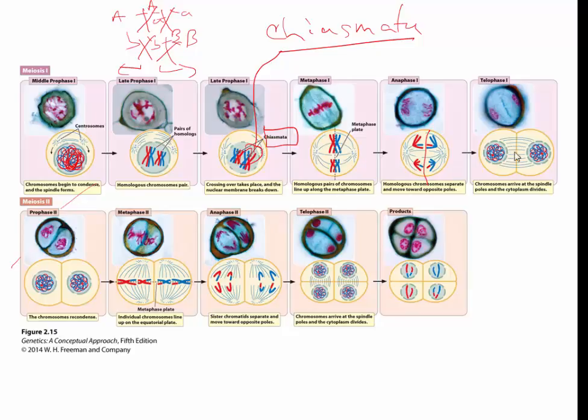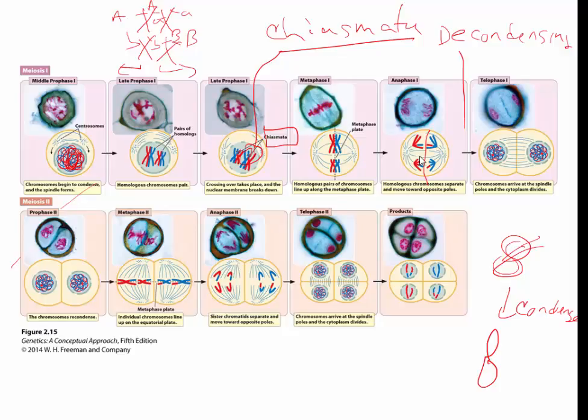And then they have to decondense. When we're all spread out and we go into a condensed form, that's called condensing. So this would be decondensing. They just scrunch up so they can divide, and then they spread out.